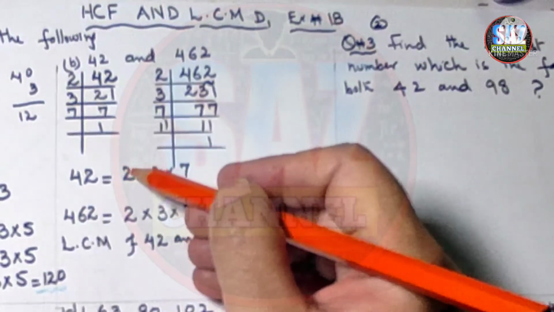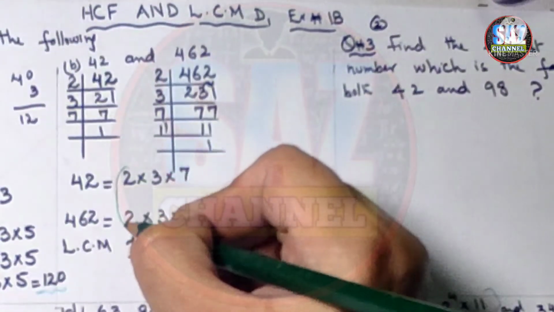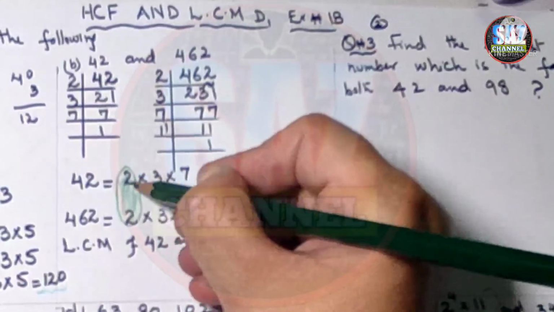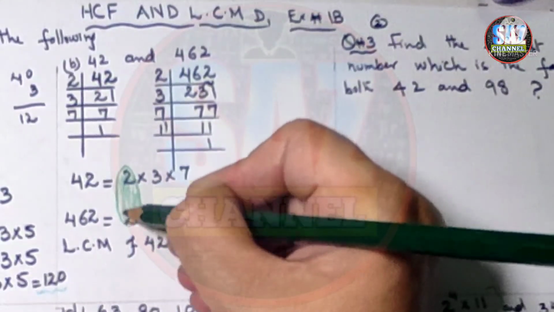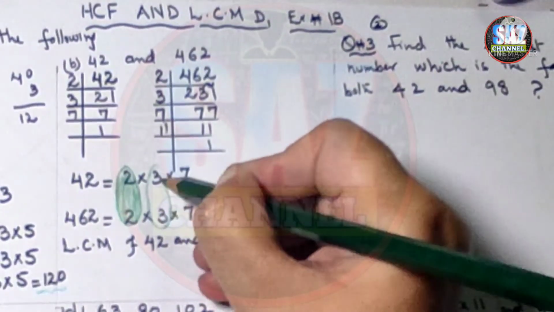If we look at 2, 2 has power 1 and 2 has power 1. 3 is again a common factor with power 1.